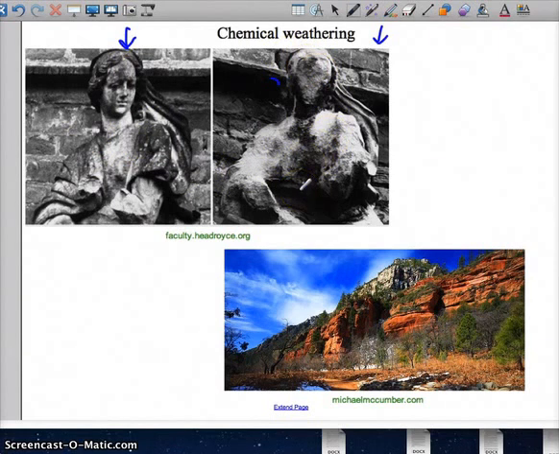Now here's the process that happens. Polluted air makes rainwater more acidic. How do we get polluted air? Things like power plants and automobiles. They produce gases that increase the amount of acid in the rain. You see this picture. This didn't happen overnight.